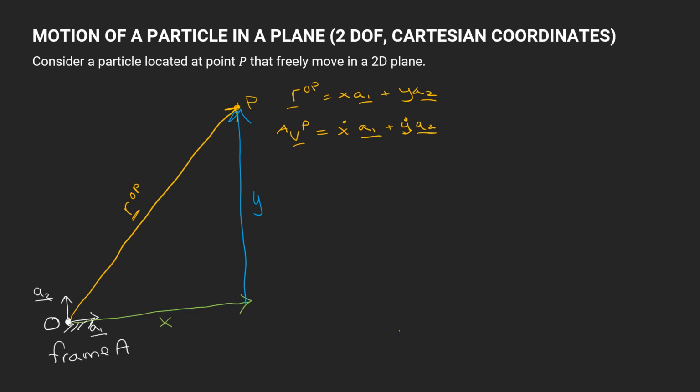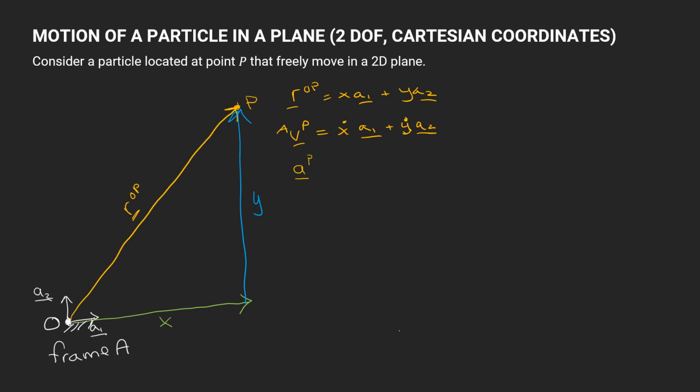And so we're going to use very similar notation for acceleration as we did in velocity. The only real difference is that instead of a capital V, we're going to use a lowercase a to indicate acceleration.